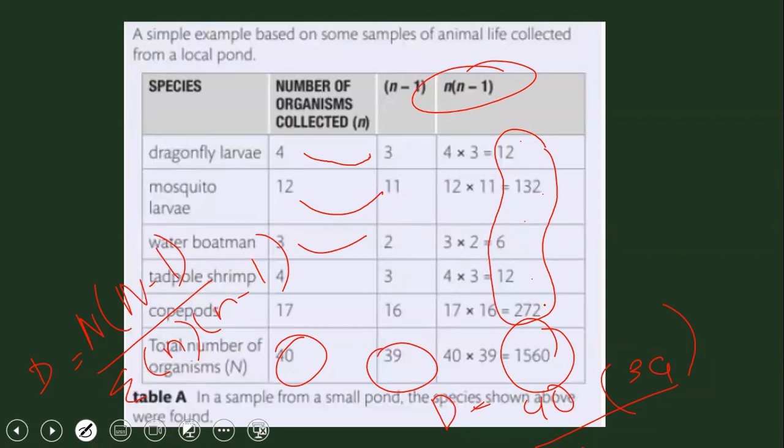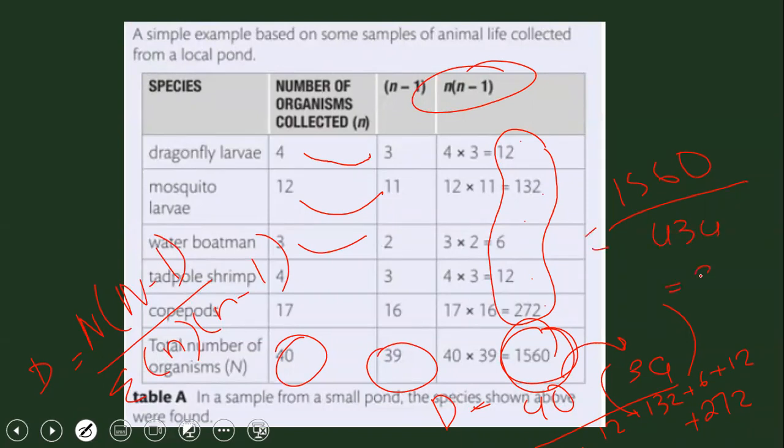So 40 multiplied by 39 is 1560, divided by the total if I add all of these up, which comes to 434.